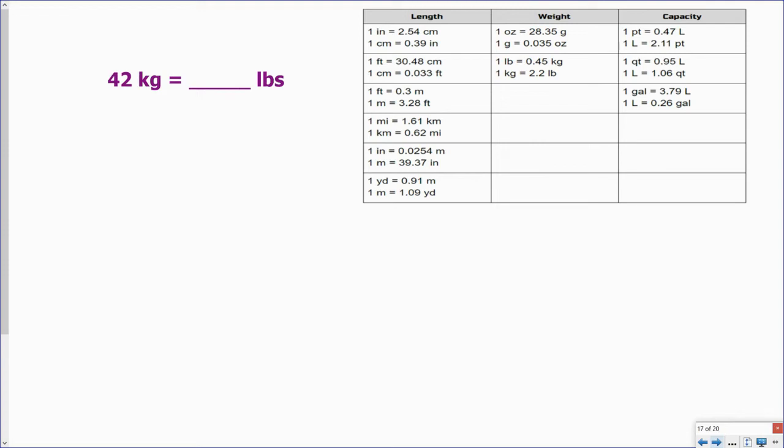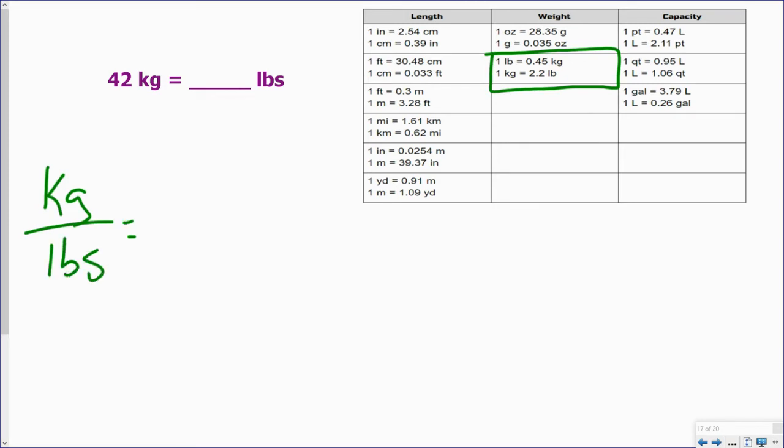Here I have 42 kilograms equal to how many pounds? So again, need to figure out where I'm comparing kilograms and pounds, which would be right here. Again, set up my proportion, and 1 pound equals 45 hundredths kilograms.